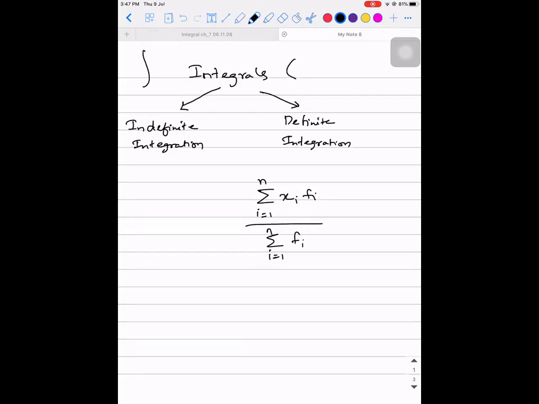The number of terms will be integers in the case of sigma, but in case of integrals we can take very small quantities, differential values, very small values.